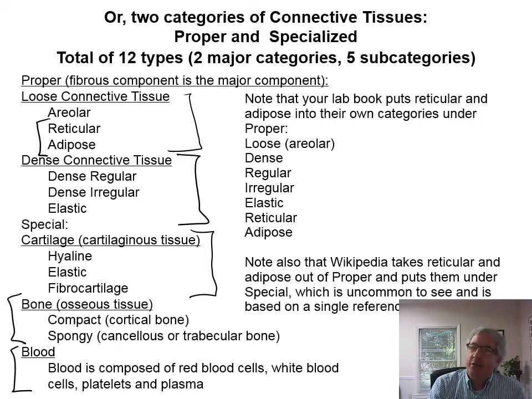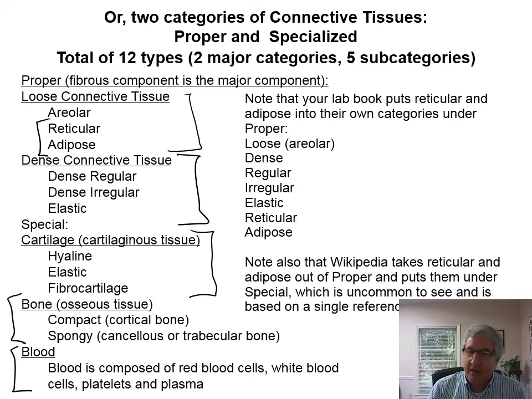But in the end, what you want is a system for learning the material so that it fits in those categories. Because the categories don't really matter all that much, what matters is that you learn what these things do and why they are different from each other. So there's 12 different types of connective tissue, and I like to put them in these five categories.